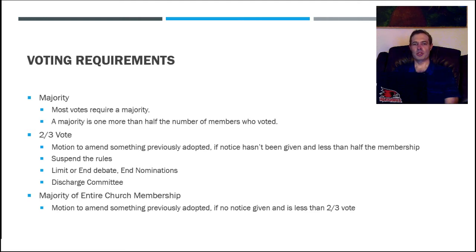And somebody wants to change that. So there's a standing rule on how to do that, and someone makes a motion. Well, it's a motion to amend something that's previously adopted.